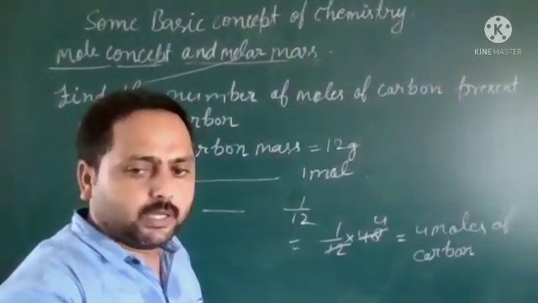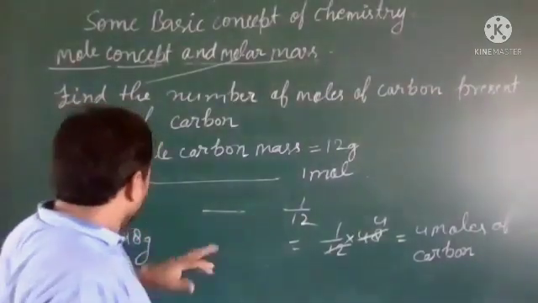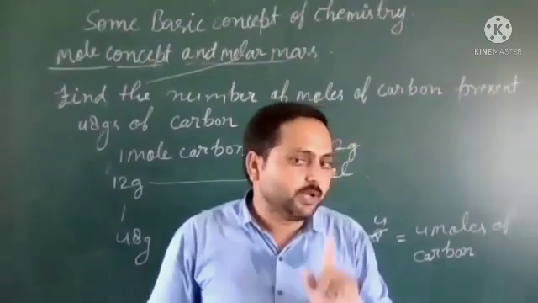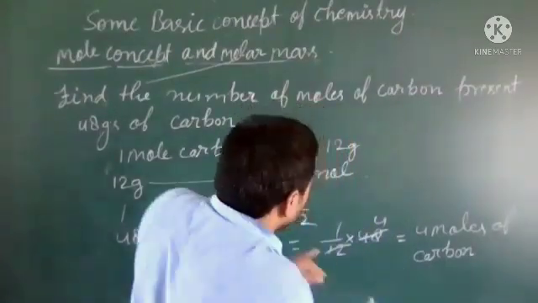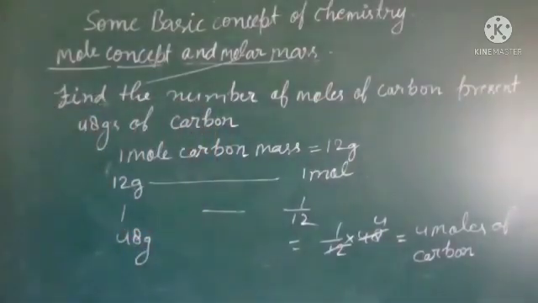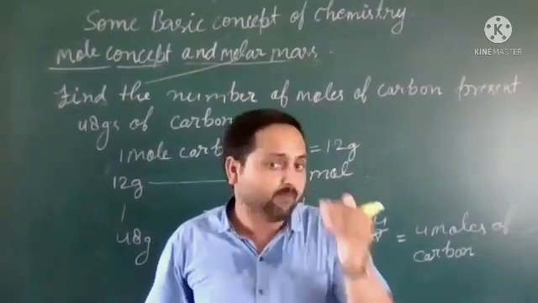No, sir. Let us see here. We got 4 moles of carbon. So here we have calculated moles, and from here we got one formula. With the help of this, we can calculate the number of moles present in a given amount.